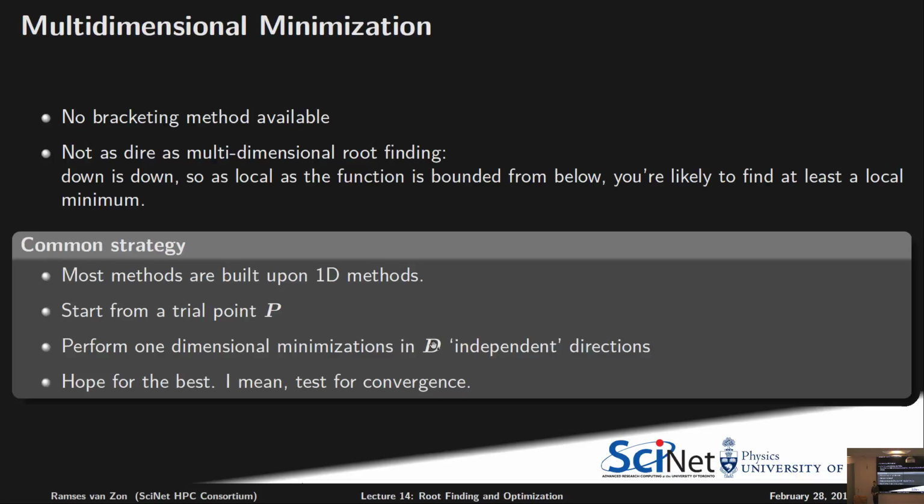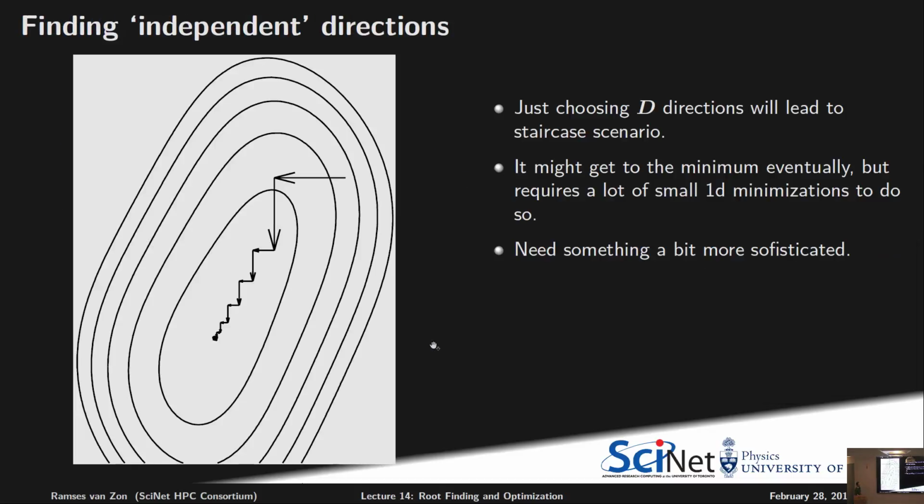Then going in another direction, can I go down a little bit more? Can I go down a little bit more? And then you hope for the best. I mean, you test for convergence. So this is the simplest and workable way of going about doing this. It's just not very fast.